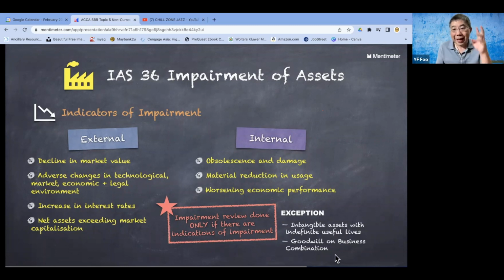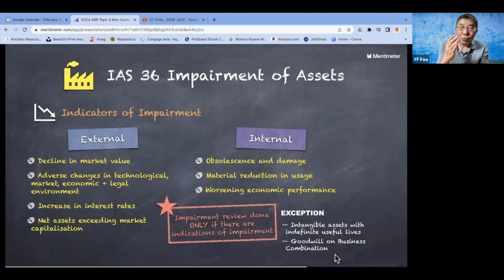Exception number two is goodwill that you have acquired, that arises from acquiring another company, your purchase goodwill. You will find this more in the group financial statements. Normally, purchase goodwill has an indefinite life.